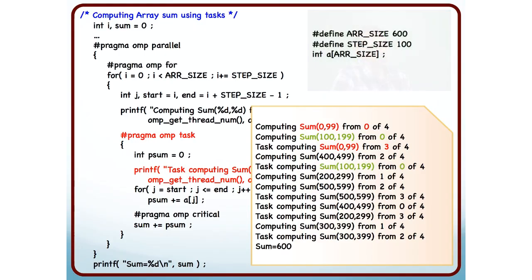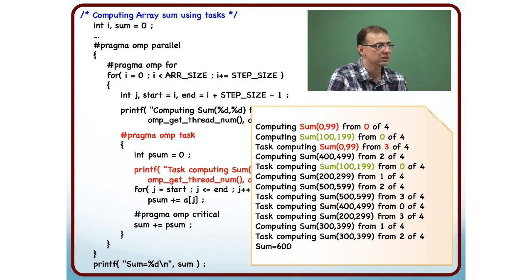The way it does it is, it divides 6 by 4, ceiling of 6 by 4 essentially, which is 2. So it will give 2 iterations to the first threads, and to the last few threads it will just give 1 iteration, divided as equally as possible amongst the threads. So thread 0 has got 2 iterations to do. If I had said dynamic, then it may have done something else.